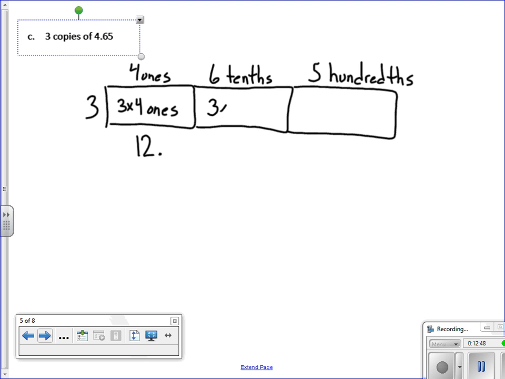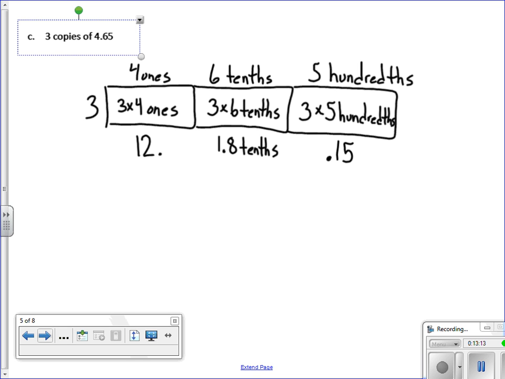Then we're going to do 3 times 6 tenths. 3 times 6 is 18 tenths. Remember, it looks like that. And the last one is 3 times 5 hundredths, which is going to give us 15 hundredths, which looks like this.